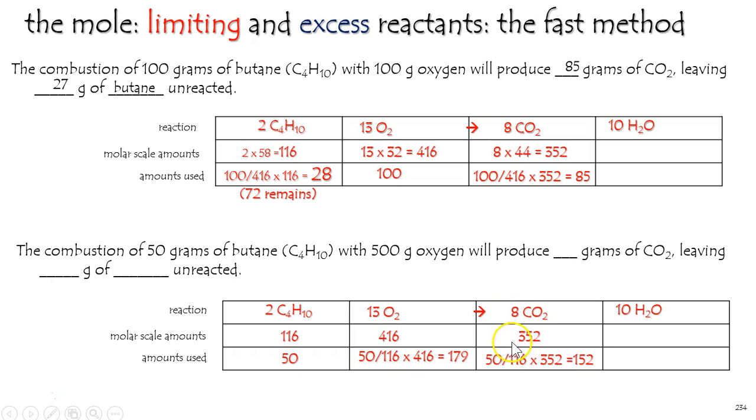And similarly, we're not going to make 352 grams. We'll make a little less than half of it, or 152 grams of it. We got it all. This reaction will produce 152 grams of the carbon dioxide, leaving 321 grams of the oxygen unreacted. I hope you like this method. This is a fast method for doing a complete limiting reactant problem.